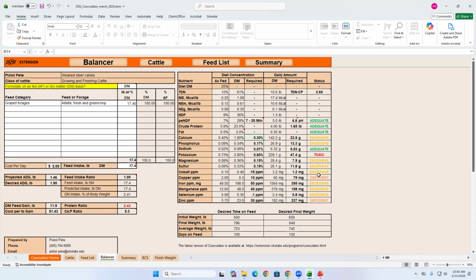So we are deficient in copper, we're deficient in zinc, but we're adequate in sodium. And then this is the only annoying part. What is 2.9 divided by 1.8 plus 0.36?